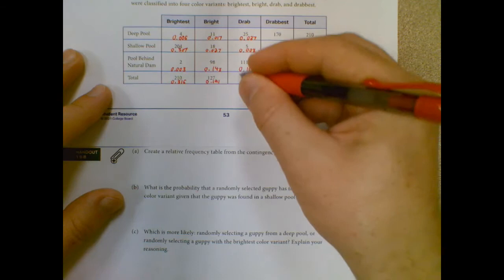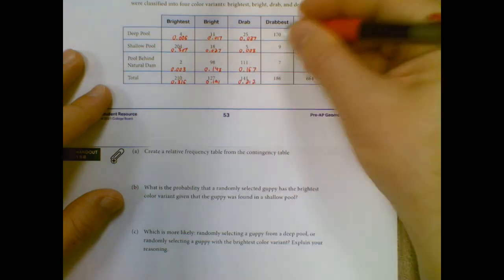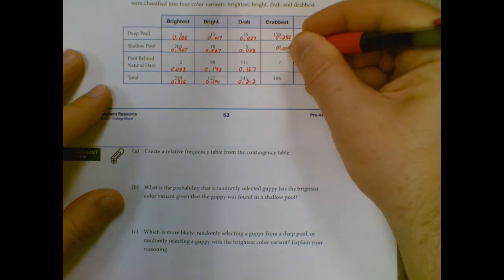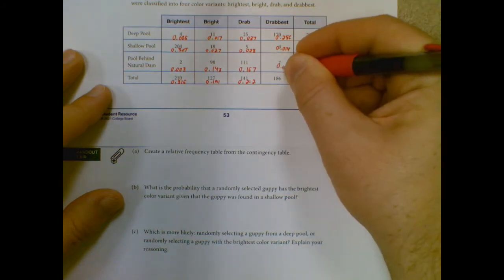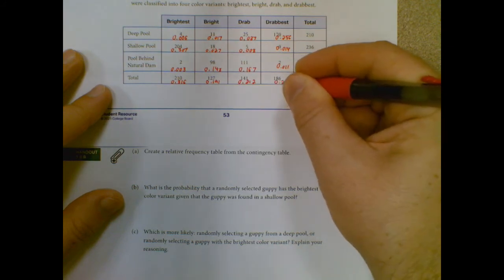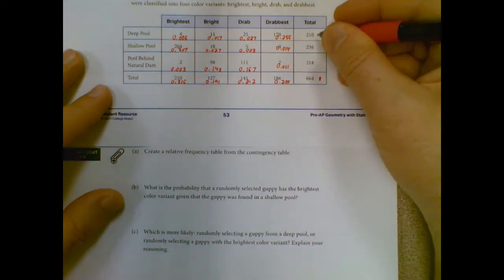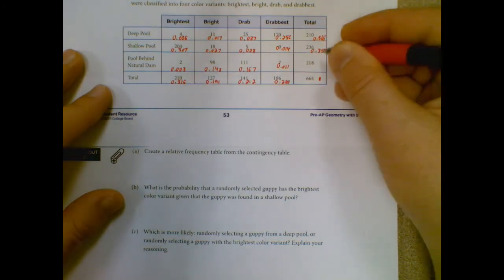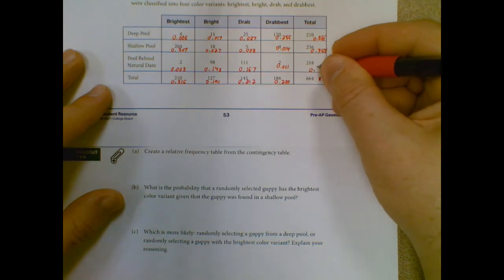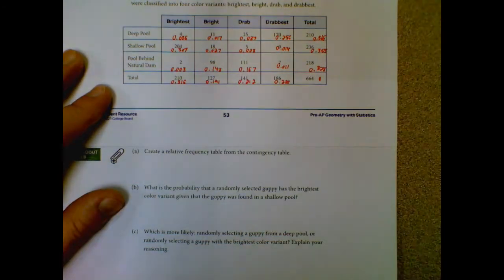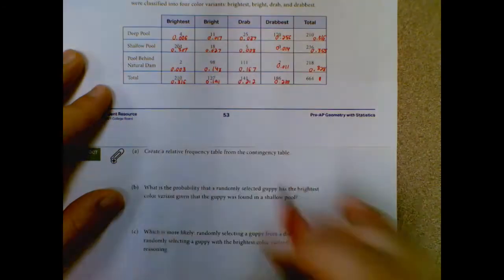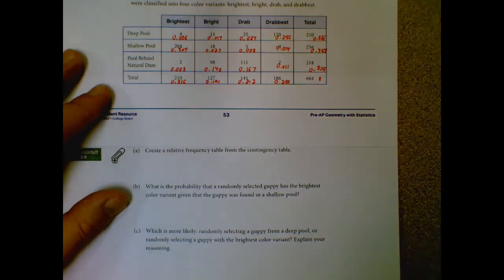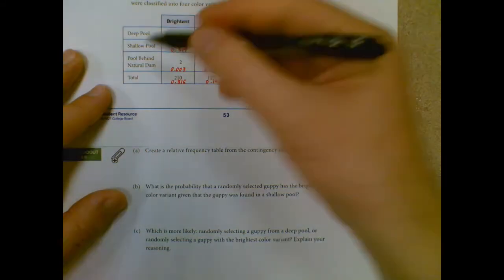So anyway, 0.212, 0.256, 0.014, 0.011, and 0.280, almost done. 0.316, 0.355, and 0.328. Okay, so I just took all the regular numbers, divided those by 664, because that was my total, and that gave me my relative one.